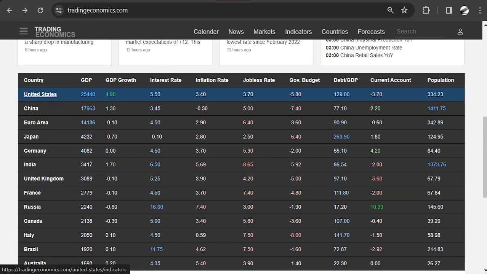Now this is United States, and under interest rate we have 5.5 as we've seen earlier. Then let's check euro, and under interest rate we have 4.5 as we have also seen earlier. So how do we make use of this interest rate? The interest rate can tell us the direction of a pair.